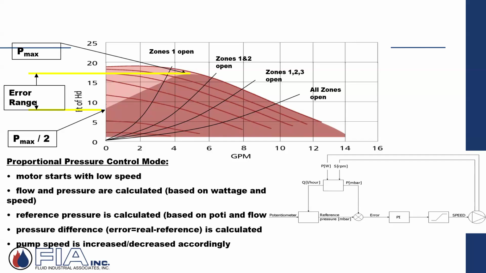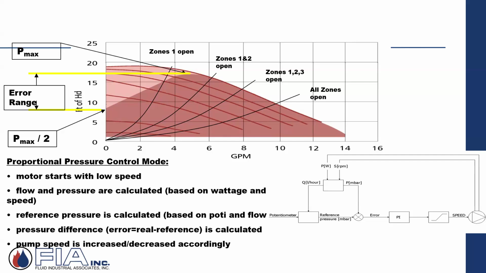What would happen on this right here, when you're in proportional pressure, is you select the design condition. What's my design set of conditions? Flow and head. In proportional pressure, it's a logic that's been accepted in the industry, both in Europe and then worked its way over here to the States: they'll take whatever that maximum pressure, whatever that design head loss is, and cut it in half, divide it by 2. And so that becomes my low point.